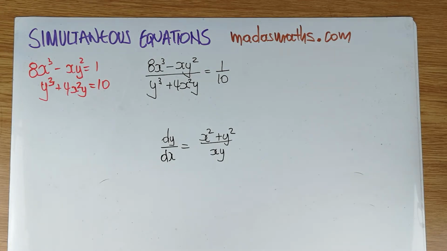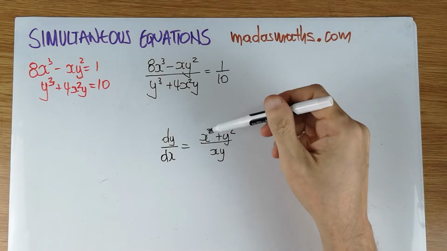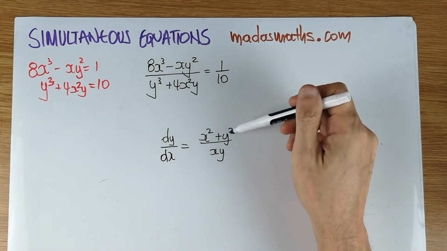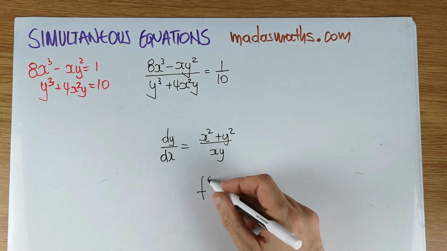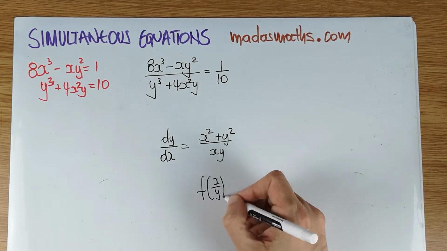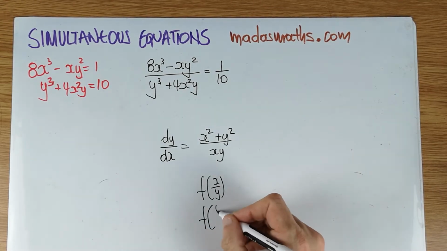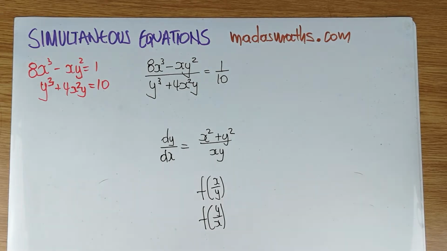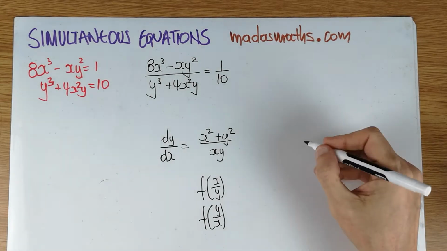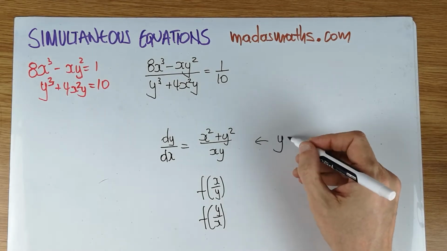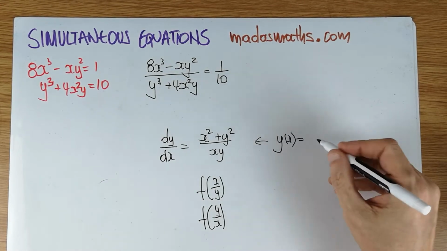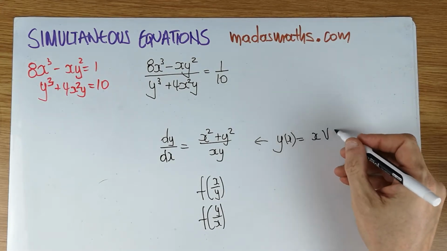In first order differential equations, this is known as a homogeneous first order, because this is of all squares. The technical term is that you can write it as a function of x over y, or a function of y over x, same thing really. And the standard substitution for this is y of x is x v of x.